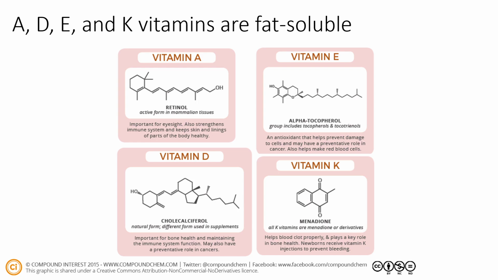Vitamin A is really important for eyesight, the immune system, and skin. Vitamin E is an antioxidant that helps prevent damage by free radicals. Vitamin D is important for bone health as well as your immune system. And vitamin K is important for blood clotting as well as bone health.